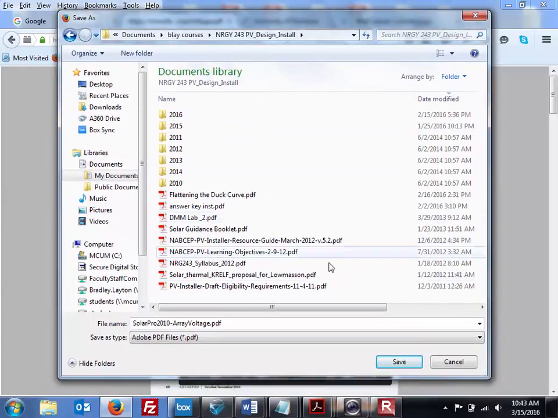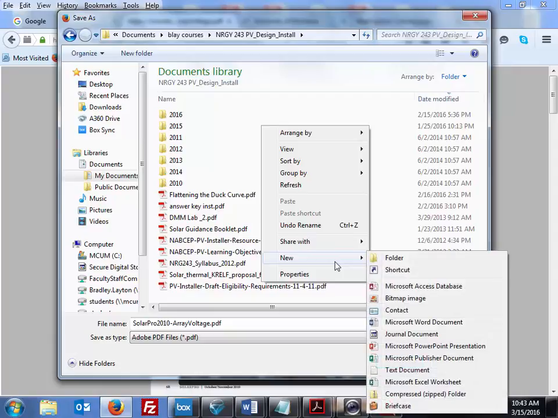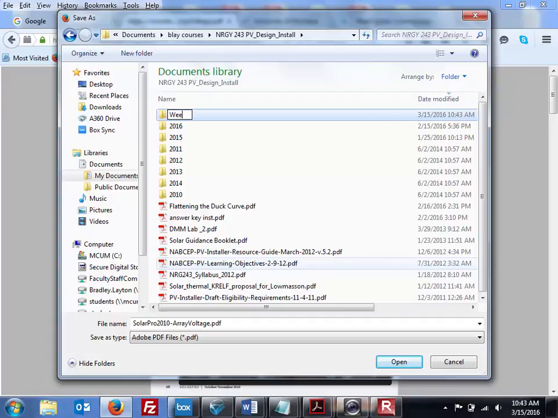I organize in a couple different ways, and I guess I'm guilty of not doing this, but I do it by year, but I would also suggest organizing by week. The year of the course, like 2010, 2011, etc., is going to have grades in it and individual assignments, but what I'm doing right now is making a folder. It's just called Week 8 Inverters.